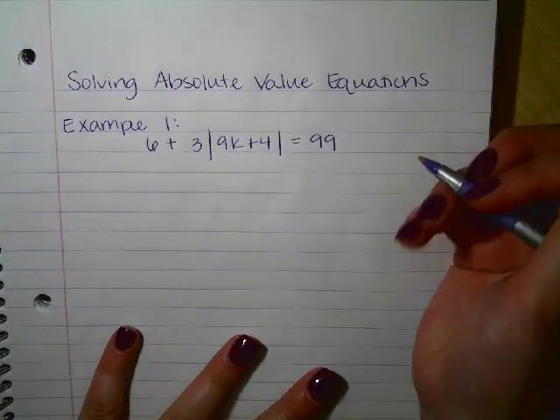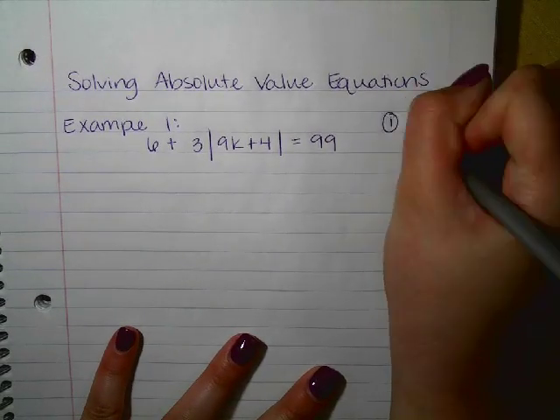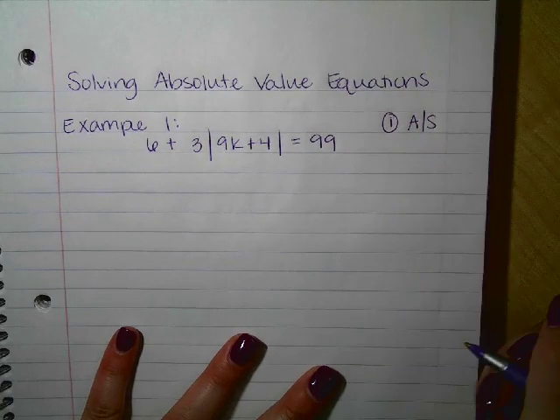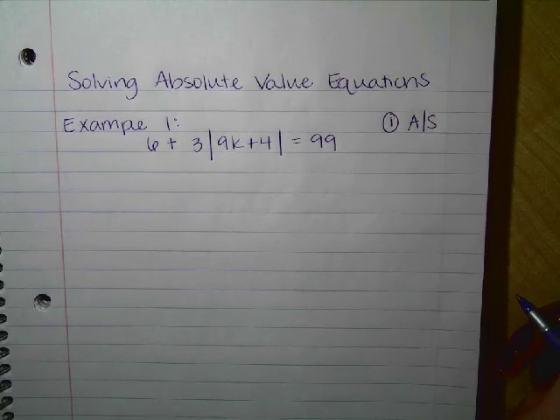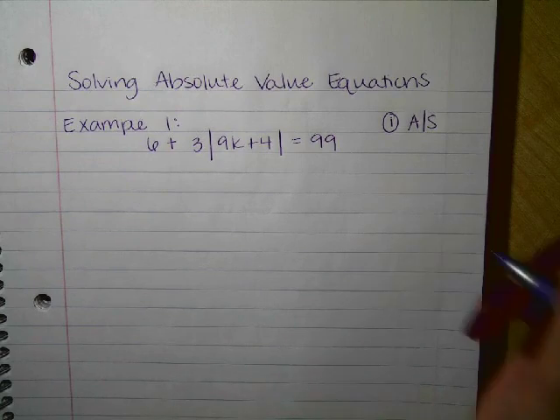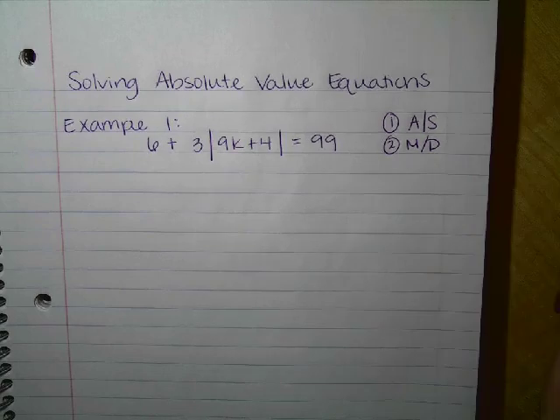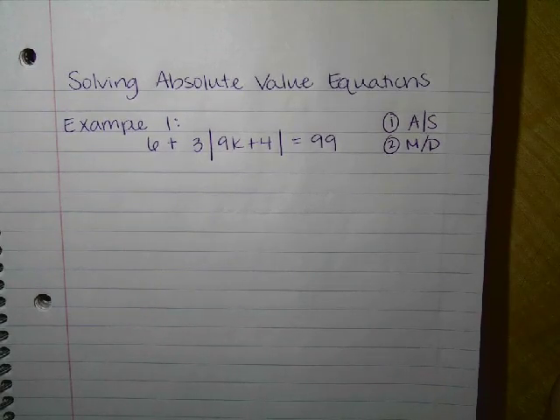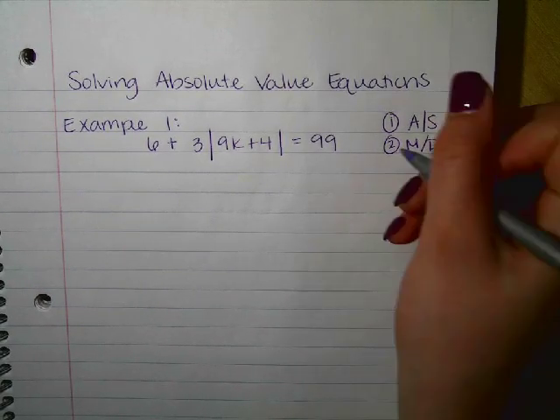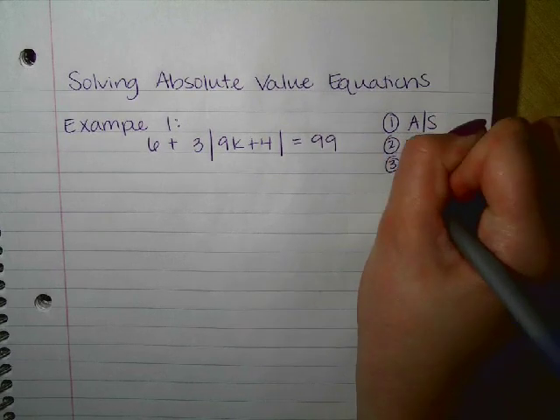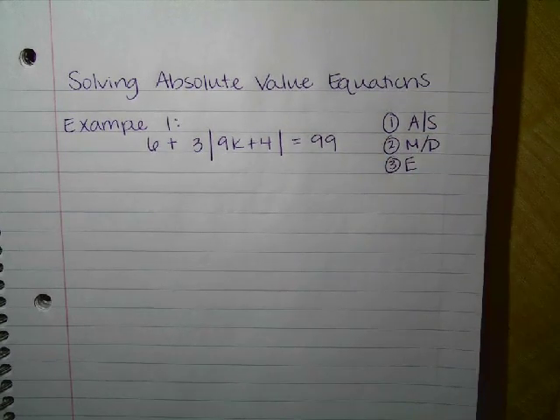So off to the side of your paper, go ahead and write that our first step is going to be to add or subtract something to get it away from the variable. Our second step is to multiply or divide stuff to get it away from the variable. Our third step would be to deal with exponents, which we're not going to deal with today.